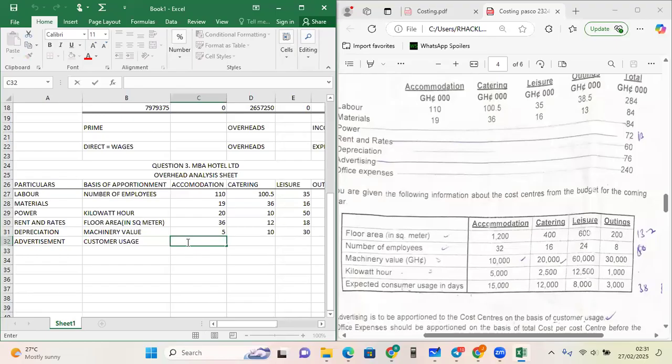So we do the same thing here, equal to bracket, all over 38,000, bracket close, times the total 76.